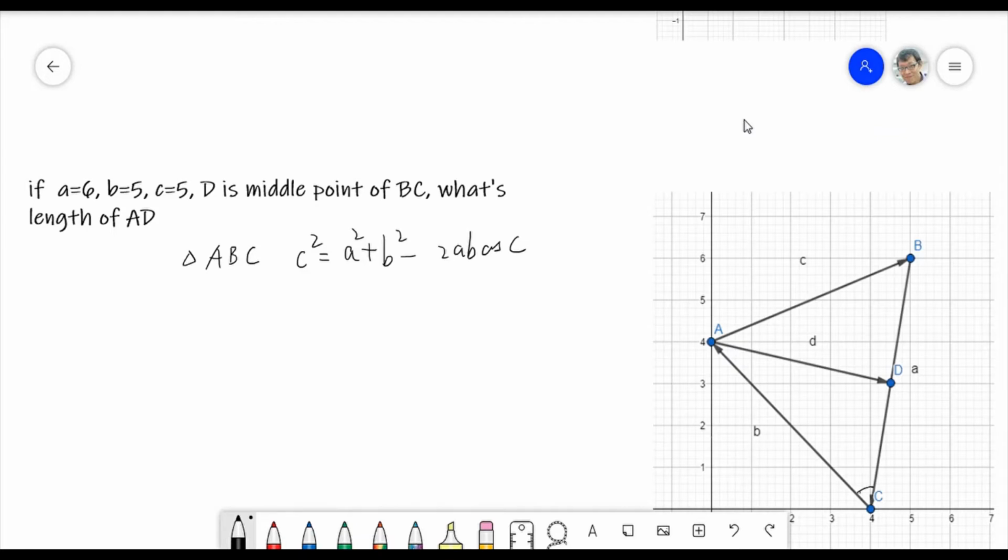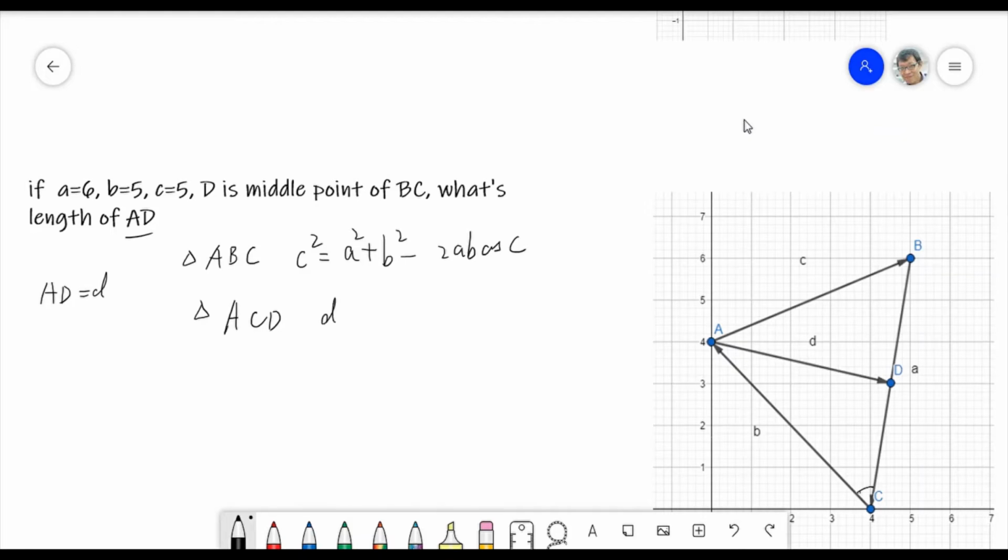Anyway, let's say AD's length is d, to make it easy. So for triangle ACD, we can get what?